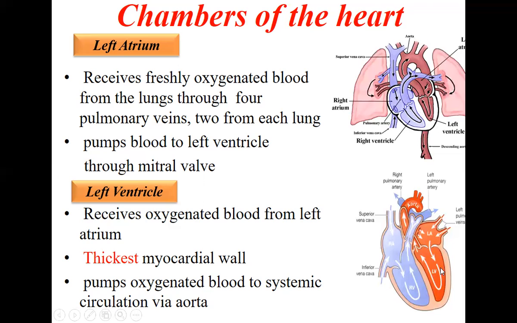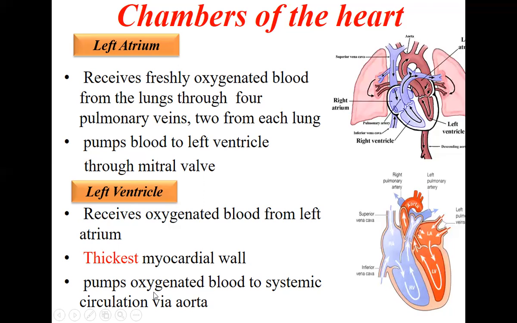The blood will now be pumped from the left ventricle into the aorta. So it needs a lot of energy. That's why the left ventricle has the thickest myocardial wall. Myocardium means the muscle of the heart. So the thickest myocardium will be here in the left ventricle wall.